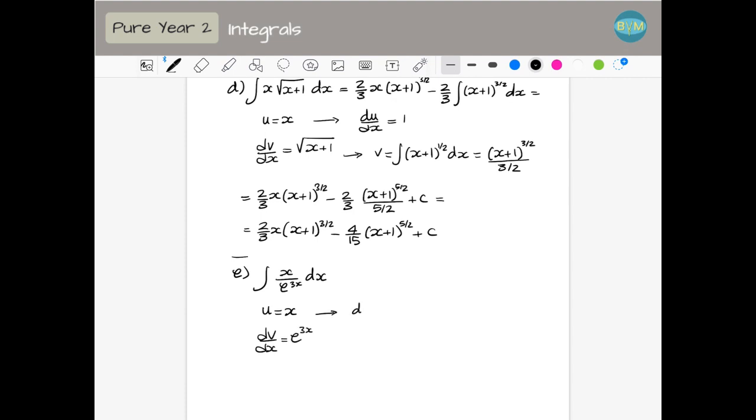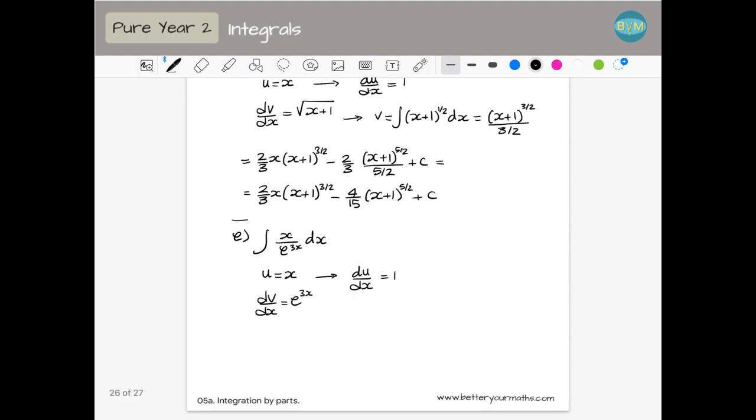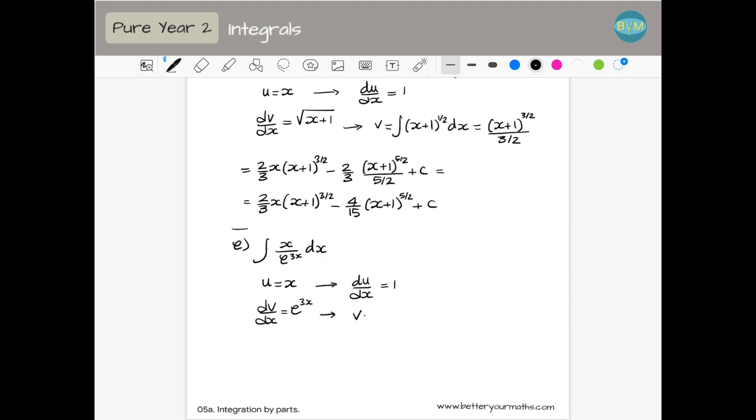I differentiate this one, du by dx is 1, and I integrate the other one. So v is the integral of e to the power of minus 3x dx, and this is e to the power of minus 3x divided by minus 3.